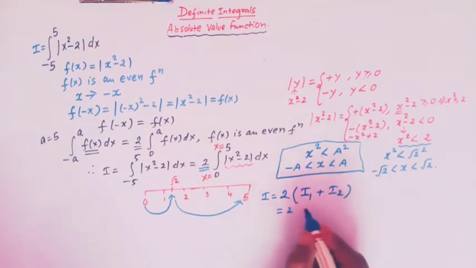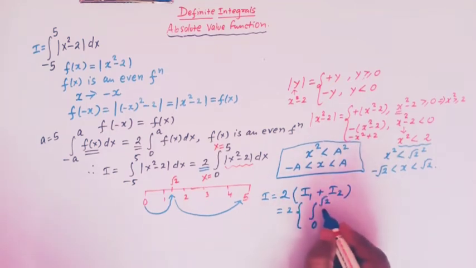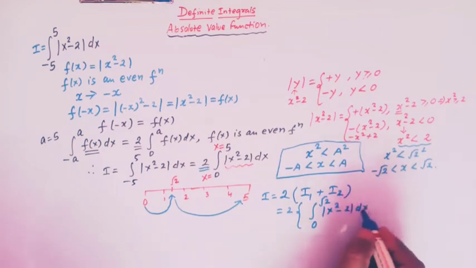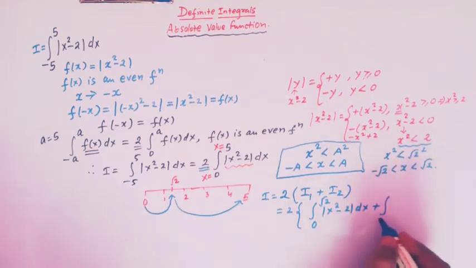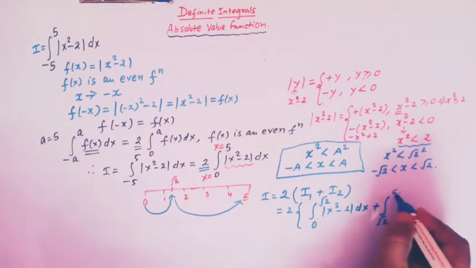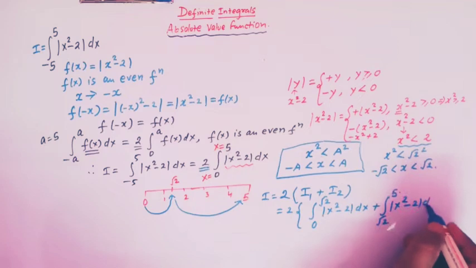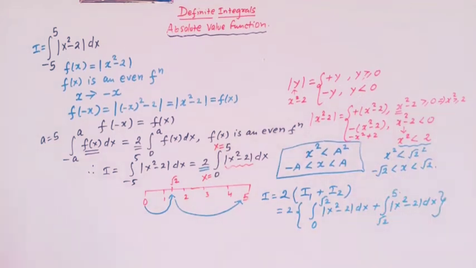Now I1 is from 0 to root 2, and here we have mod x square minus 2 dx, and here we have root 2 to 5, and here we have mod x square minus 2 dx, right?